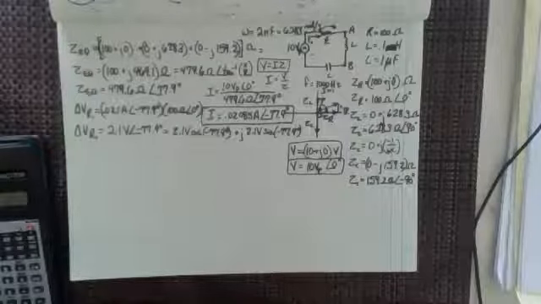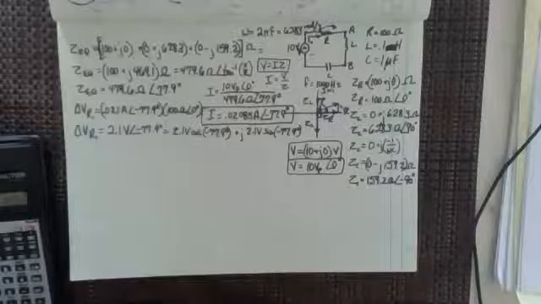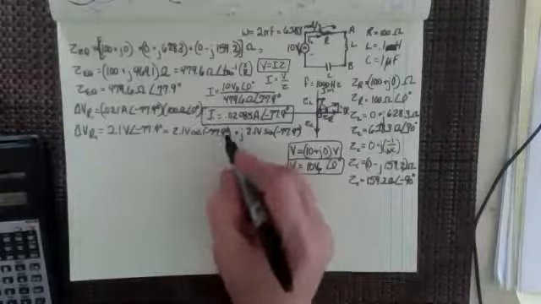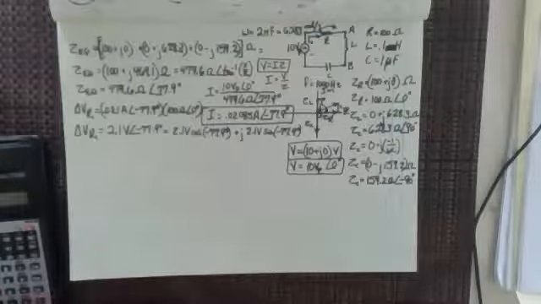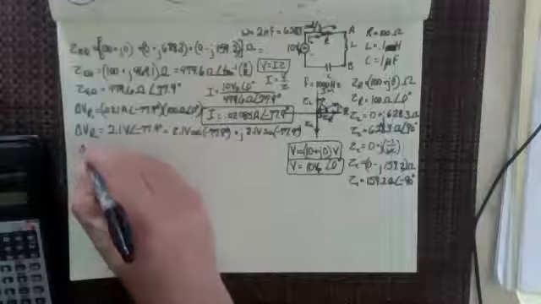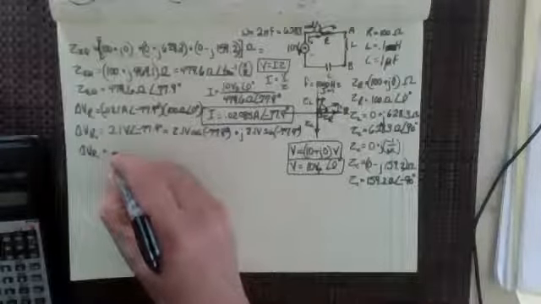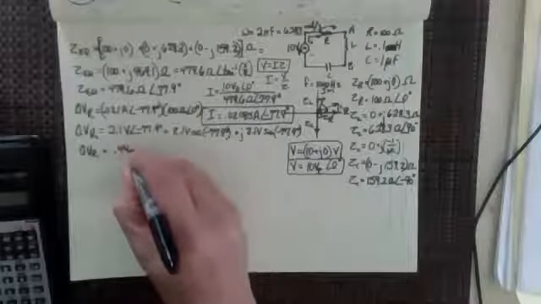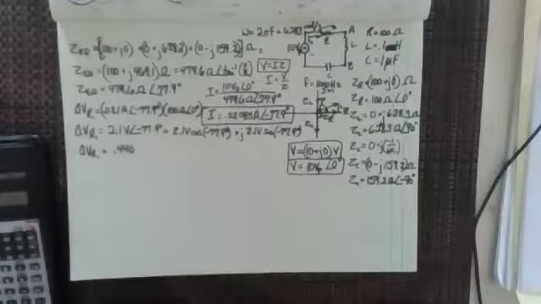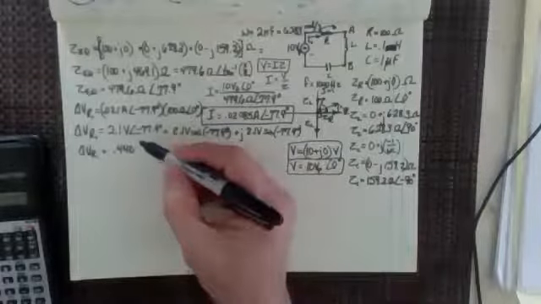Really, it's 0.210. So 0.210 times 2.1 gives me 0.44. So the voltage drop across the R1 resistor is going to be 0.440. Of course, that's only the real drop, isn't it?